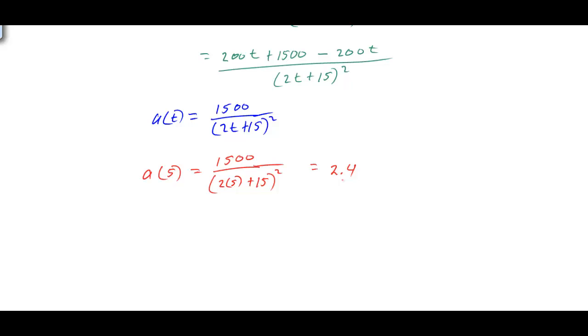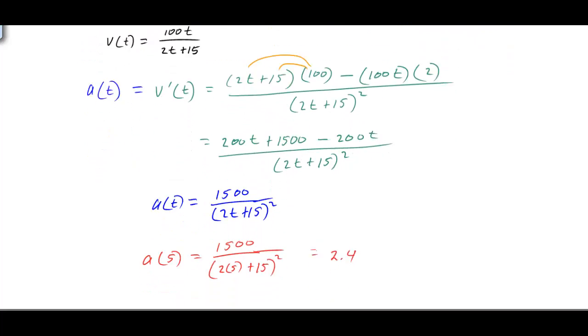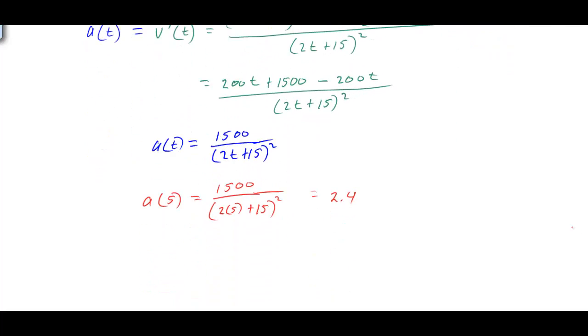2.4. And my question here is, if it's 2.4, if this is acceleration, what will be our units for this answer? Well, if you recall up here, it says velocity is measured in feet per second. So then that means here for acceleration, our units would be, we're accelerating 2.4 feet per second per second.